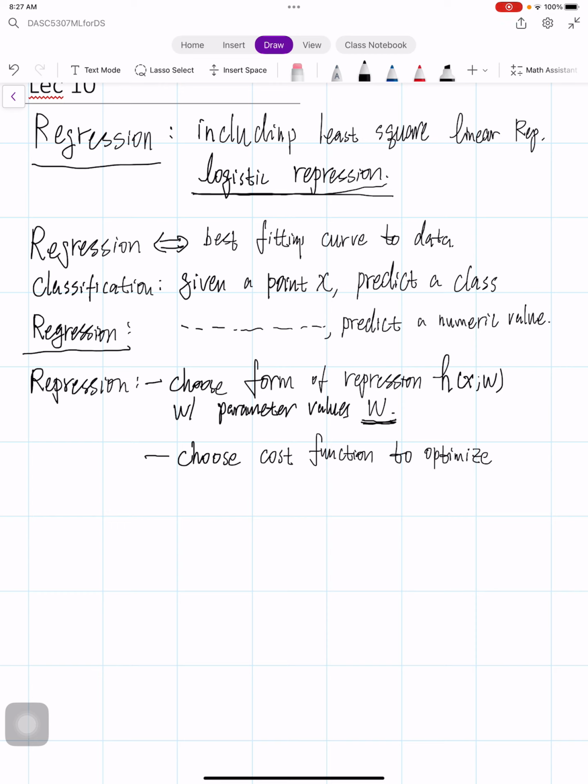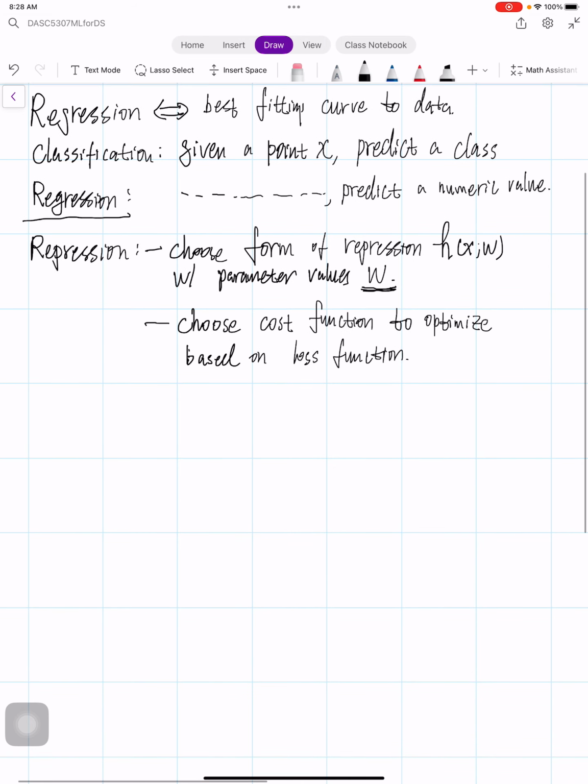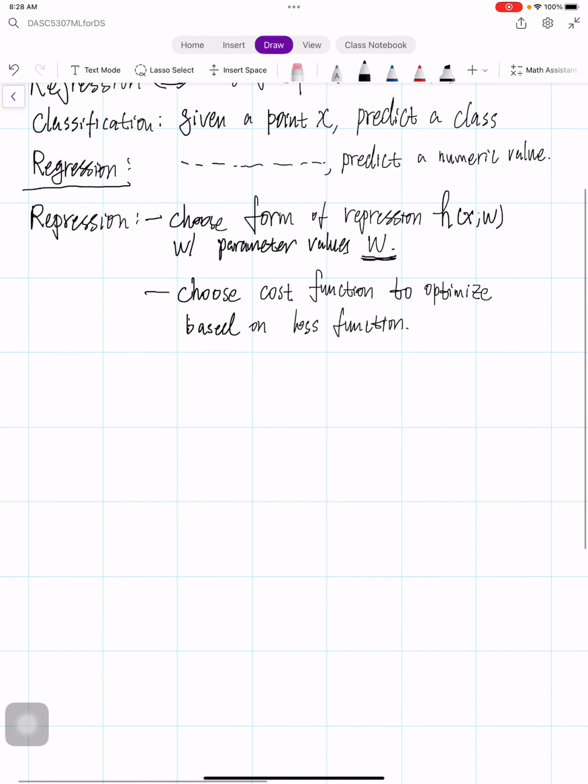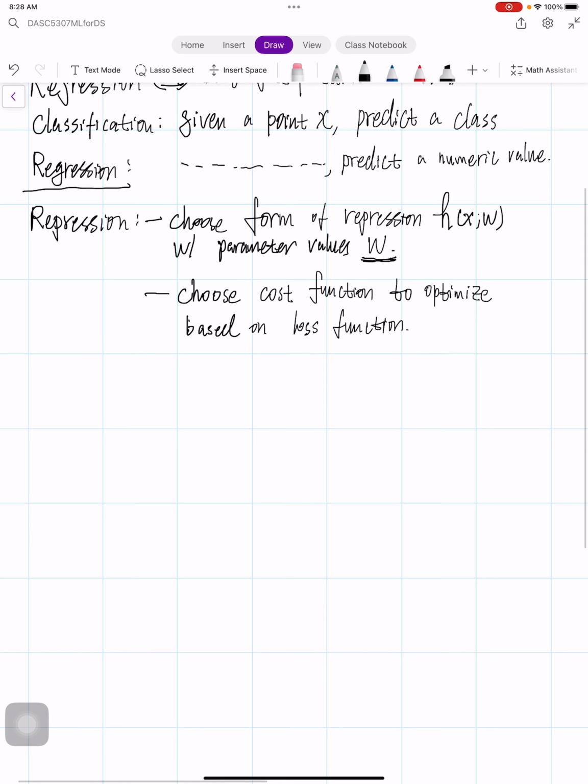Usually it's based on a loss function. Okay, for example, the L2 loss, L1 loss, it measures how far the predictions are from the true values. Okay, so now let's consider several different options for the regression, which we will give more details on in the following few lectures.